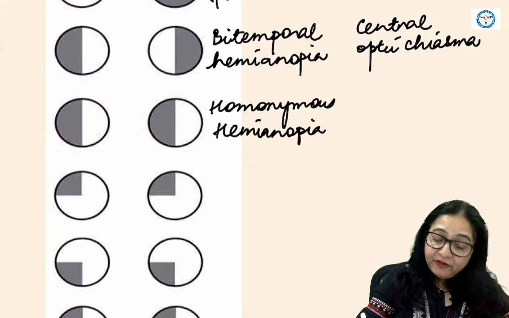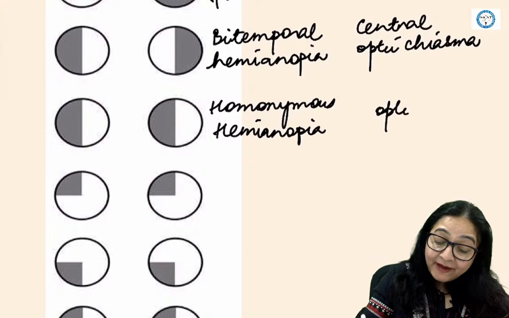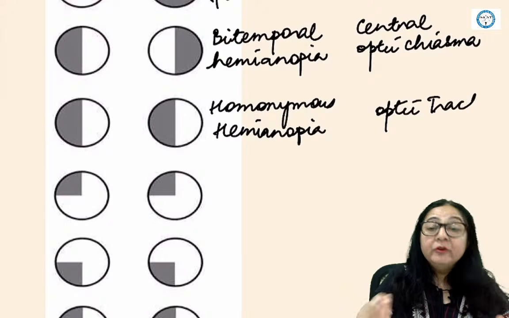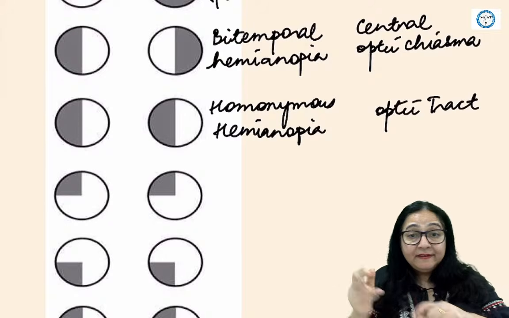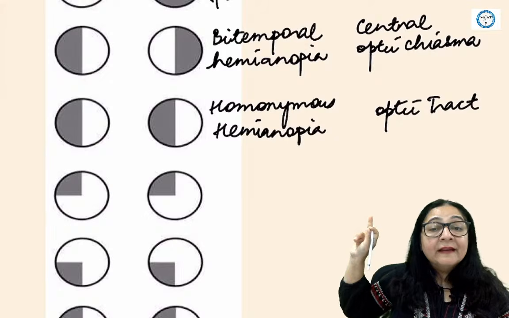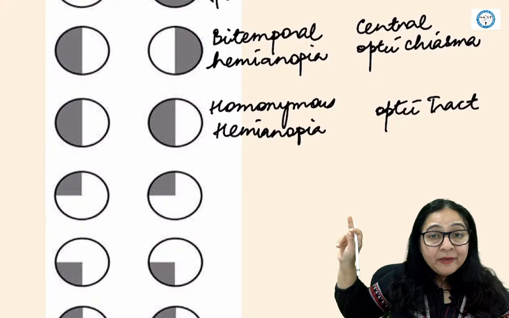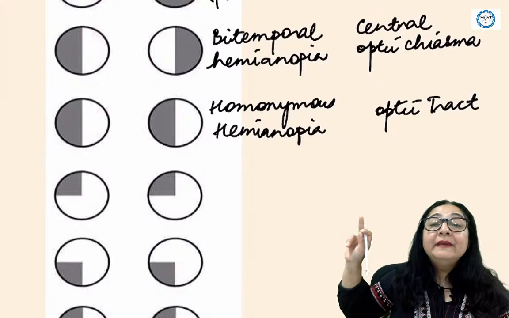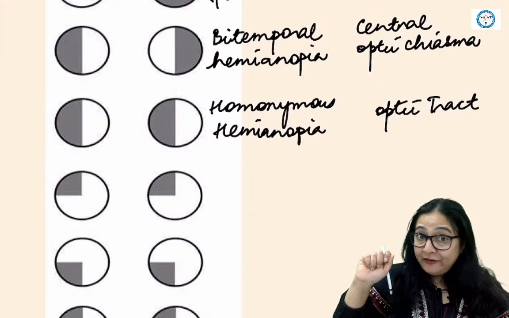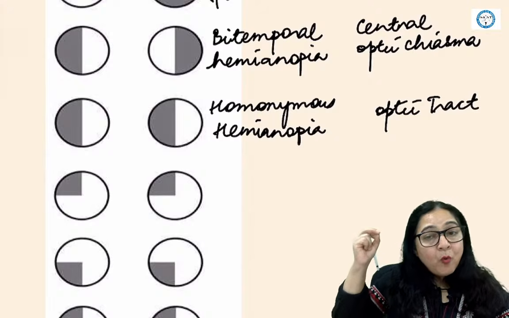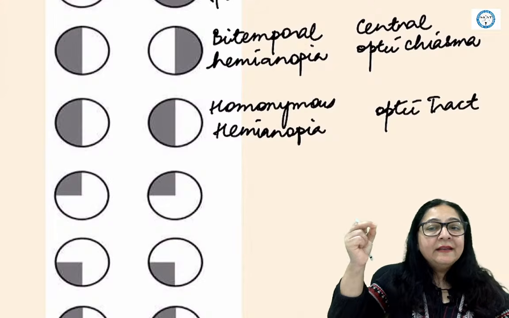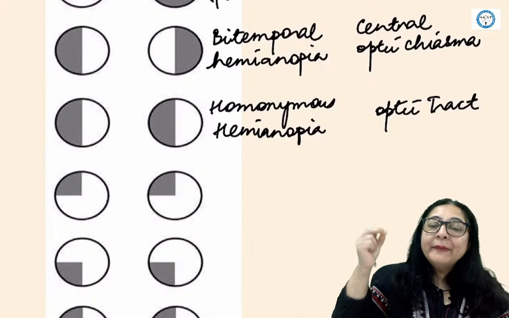So here the lesion is in the optic tract, and the lesion, as I told you, will be on the contralateral side. Here in this image it is again left-sided homonymous hemianopia, so the lesion will be in the right optic tract.